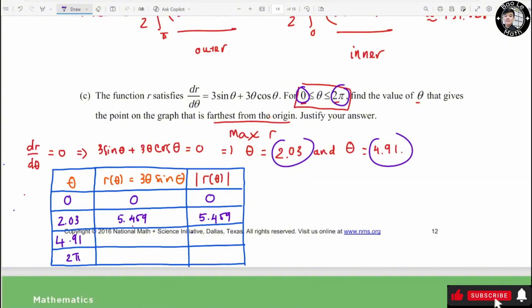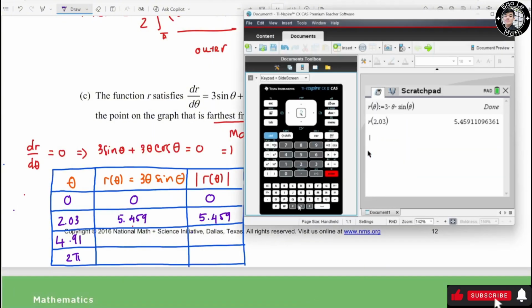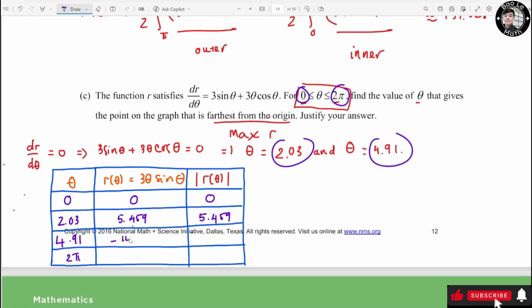The third one, r of 4.91. Press Control, enter. Escape, negative 14.443. Take the absolute value of this one, it would be 14.443.